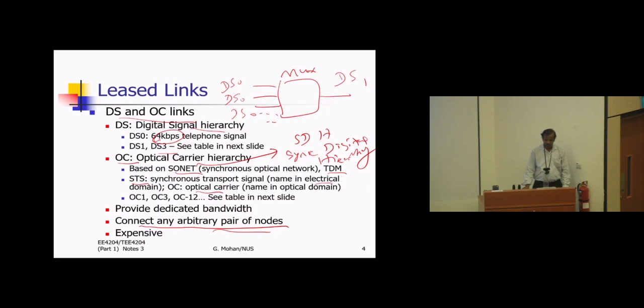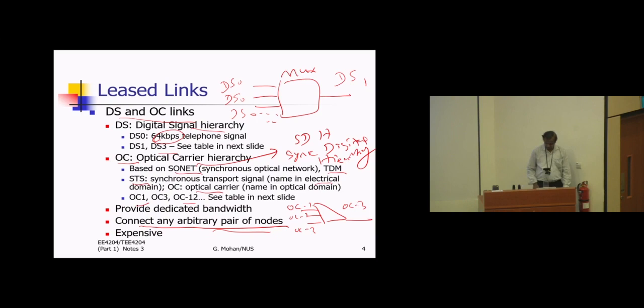We have different levels of multiplexing, OC1, OC3, OC12, etc. That means we can have a multiplexer which can multiplex, let's say, 3 OC1 signals into one OC3 signal or one OC3 link.